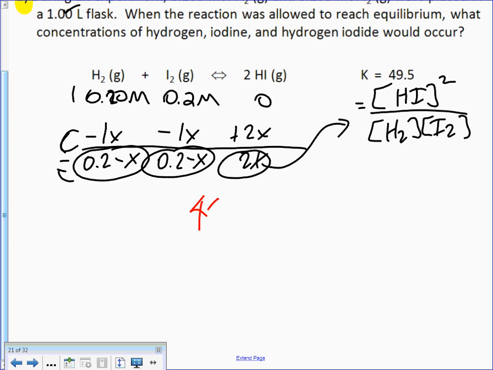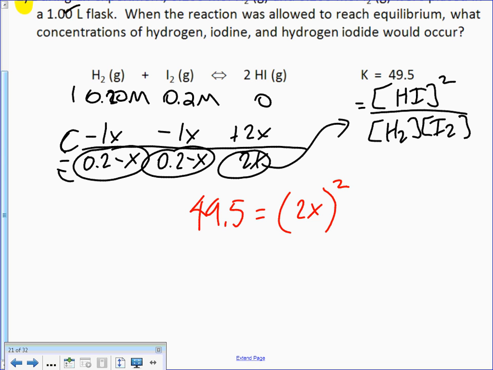So 49.5 is equal to what goes on top. What's going into the HI? 2x parentheses squared. What is that when I distribute the squared? 4x squared, right?